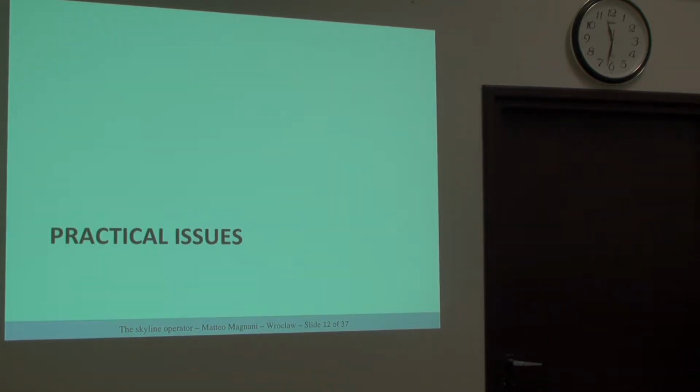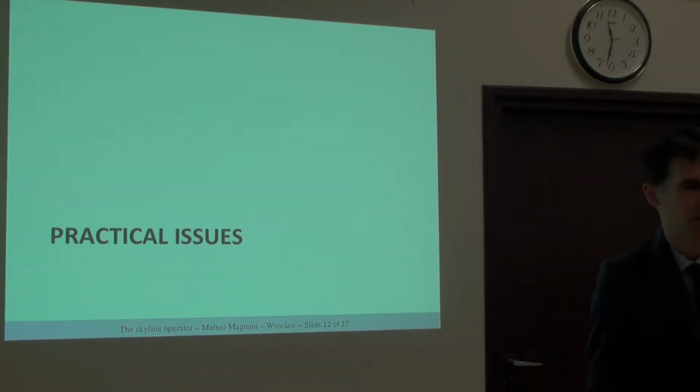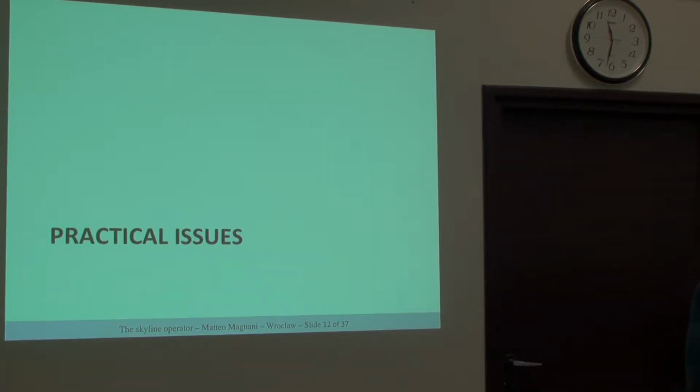However, of course, as usual, theory looks better than things are for real. So there are a few practical issues that have been studied recently and still have to be studied. This is also why if you go on Expedia, you don't find any skyline operator there when you book a hotel.